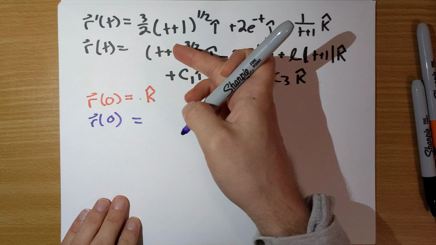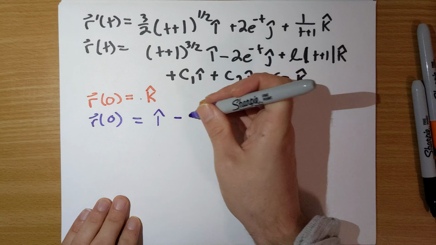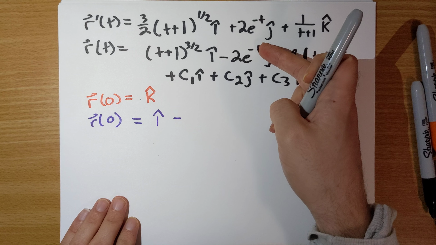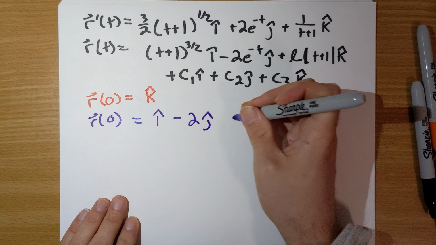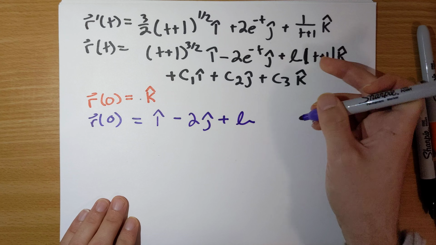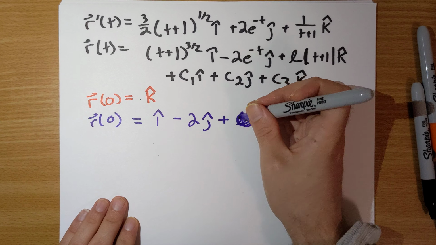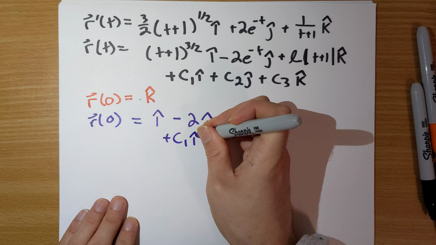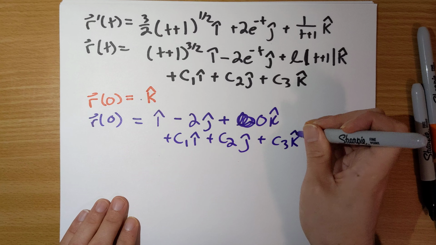You're going to get 0 plus 1 to the 3/2, which is just 1 I hat, minus 2 times e to the negative 0. E to the 0 is 1, so negative 2 j hat, plus natural log of 0 plus 1, and natural log of 1 is 0. So plus 0 k hat, plus c1 I hat plus c2 j hat plus c3 k hat.